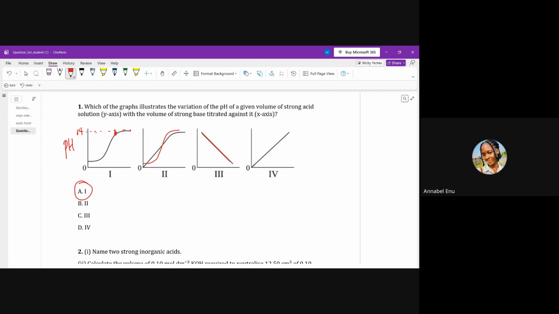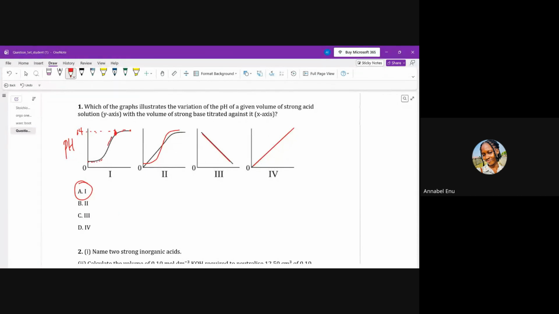And this one is more like telling us it is a very continuous, fast process, which we know it is not in titration. So yeah, A is the option because it's first telling us it's actually a slow process.